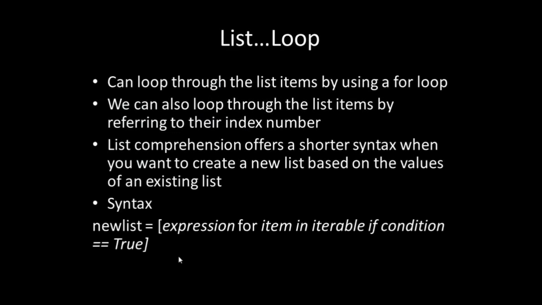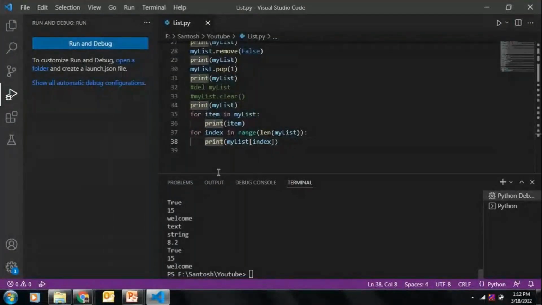The syntax for this is new list is equal to expression for item in iterable if condition equal to true. So what we are going to give is based on certain condition, we will be filtering the items in the list and we will be creating a new list. Okay, so how to do this? I will show you with an example.